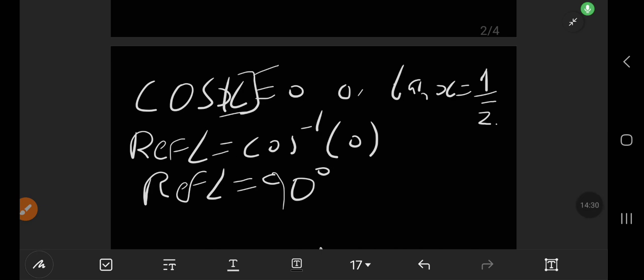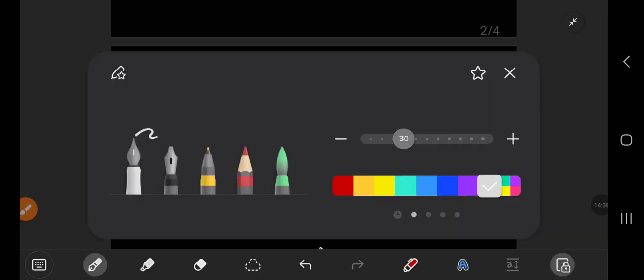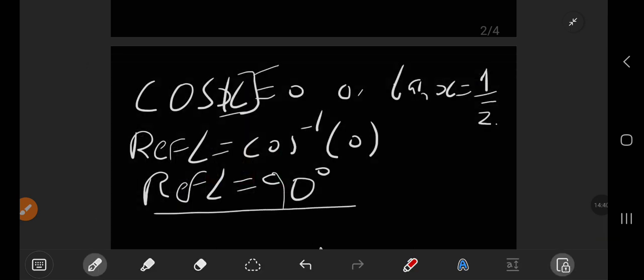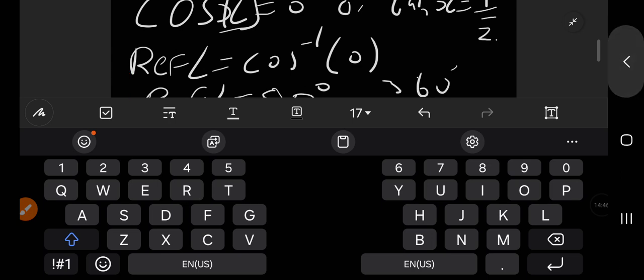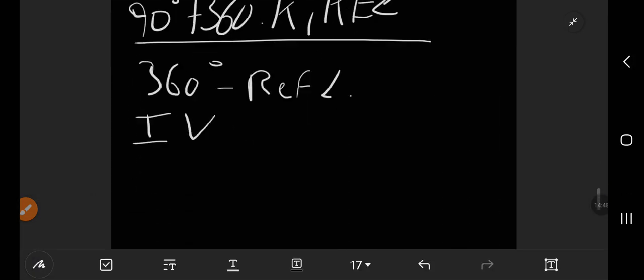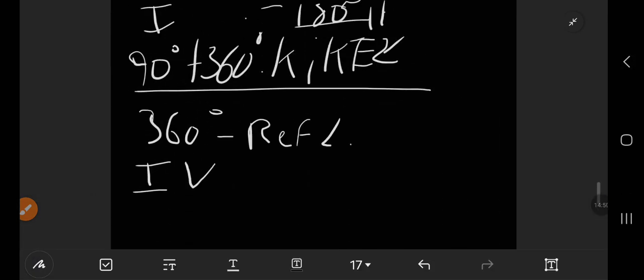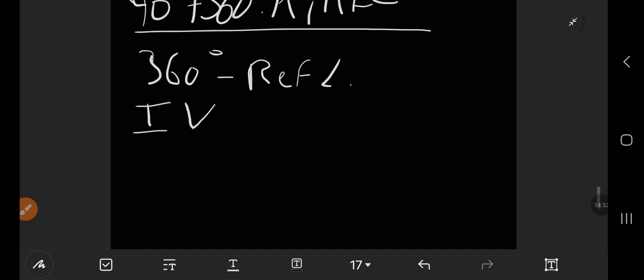I actually missed it. The reference angle there is 90 degrees. Let me go down and write it at the bottom. So it's going to be 360 degrees minus the reference angle.